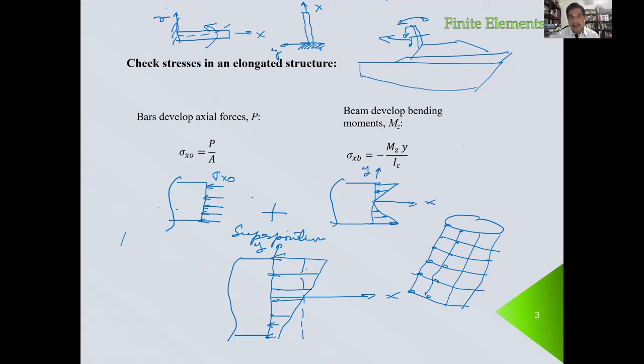So if we calculate this, on this side of the structure, we expect to have sigma in compression. So the normal stresses pointing downward will have to be negative. And these values we can compare with these values. And I put an interrogative sign saying, are they close?